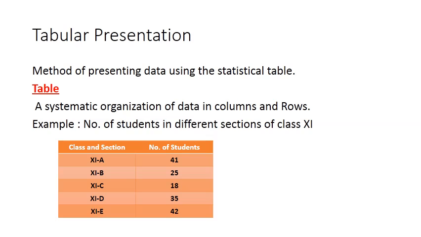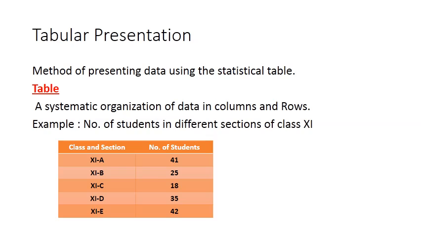And remember, textual presentation is not in your syllabus. This tabular presentation is in your syllabus. So this is how we can tabulate the data. This is the simple tabulation of data. There are different types of tables which we are going to explain one by one.